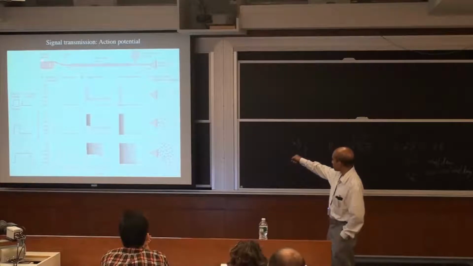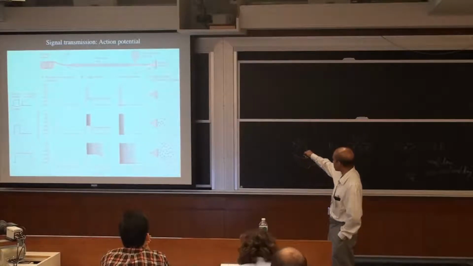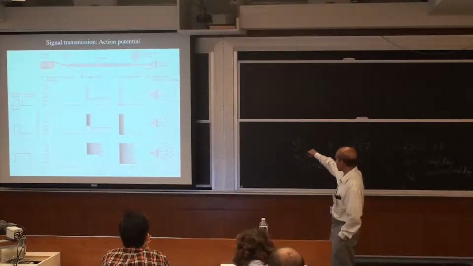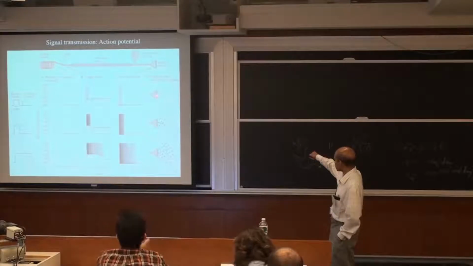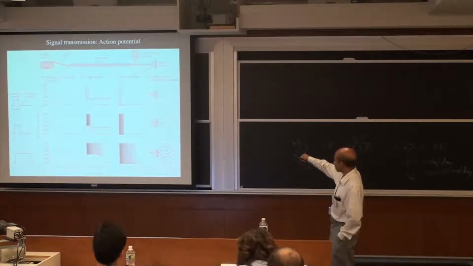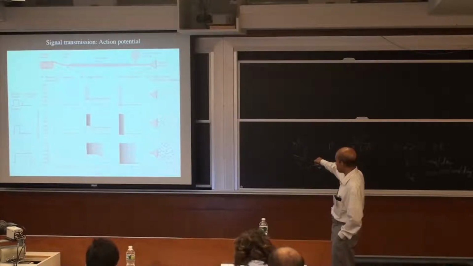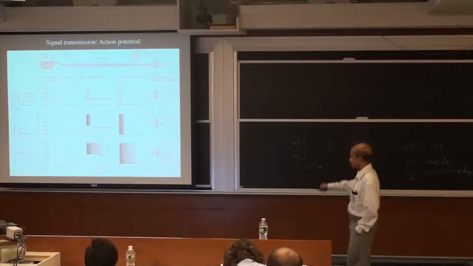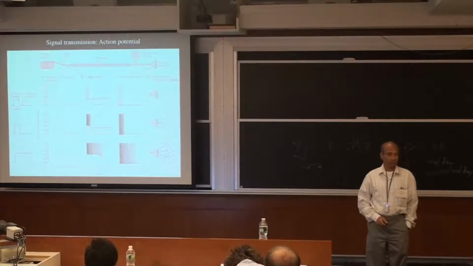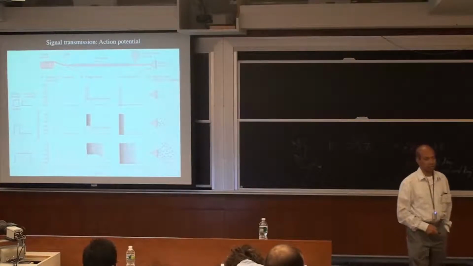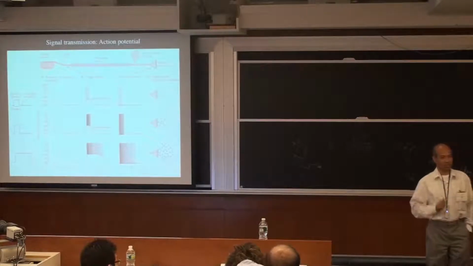That voltage spike travels along the long axon, and by the time it comes to the other end, that voltage spike causes these neurotransmitters to get released. If there are very few spikes, then few transmitters get released. If there are many spikes, many vesicles get released. How is the electrical signal transmitted? Good. That's coming next.